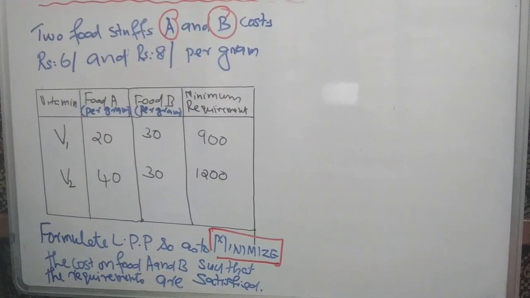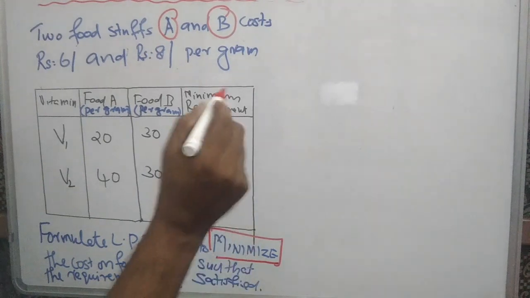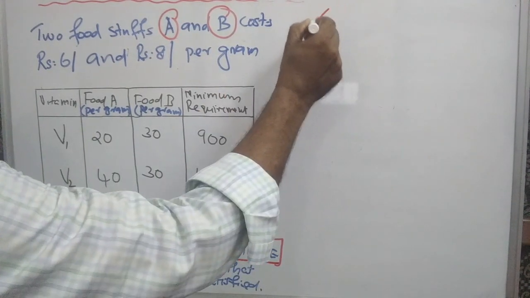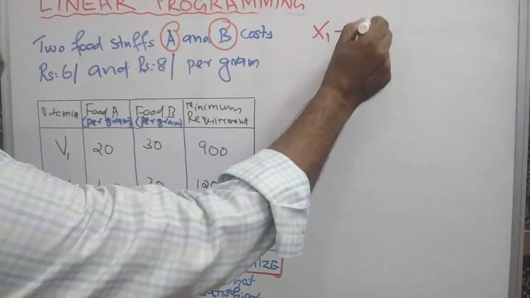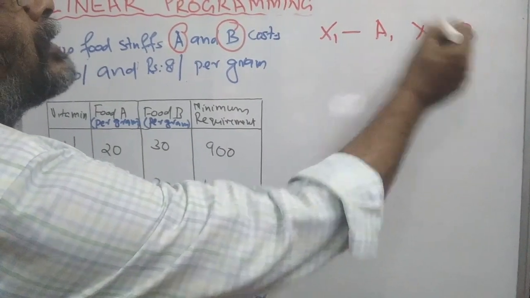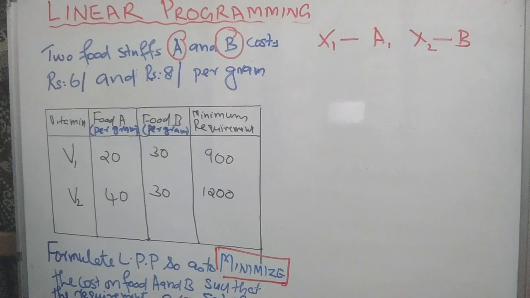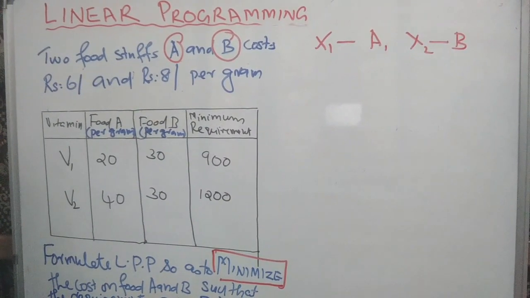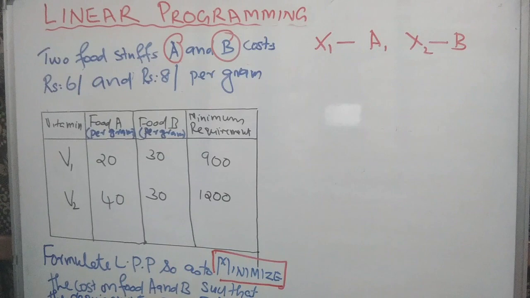That is the decision variable. Let X1 be the number of units of A to be purchased and X2 be the number of units of B to be purchased. A and B are the foodstuffs and X1 and X2 are the decision variables. How much is to be purchased? X1 and X2. What is the objective function? Cost.